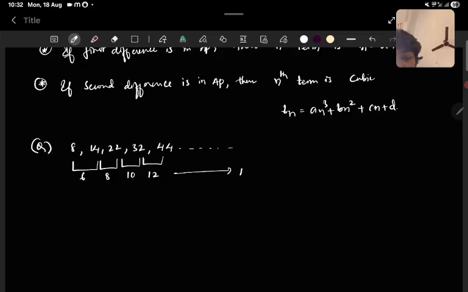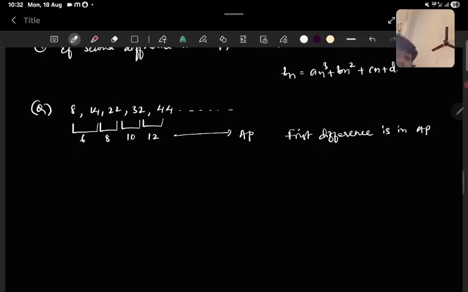The difference is actually in AP. Here the first difference is in AP. If the first difference is in AP, what is the scenario beta? The nth term is quadratic, an square plus bn plus c.